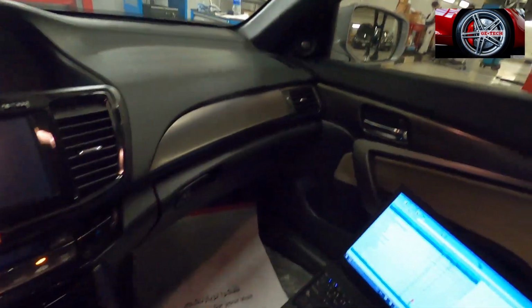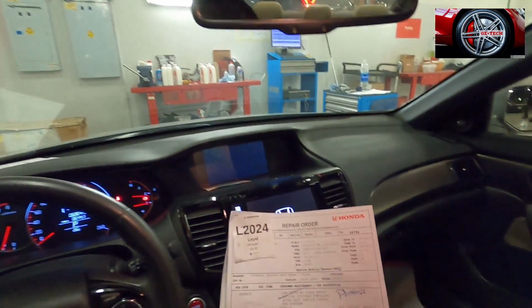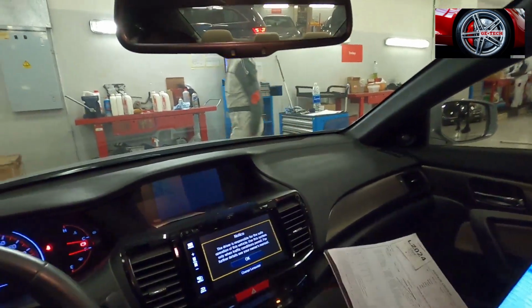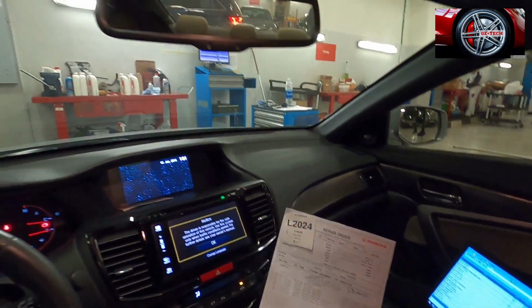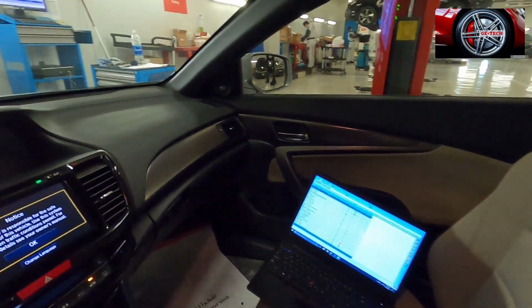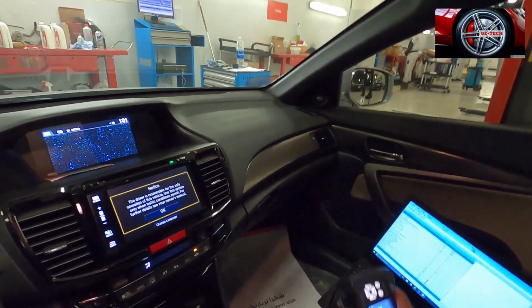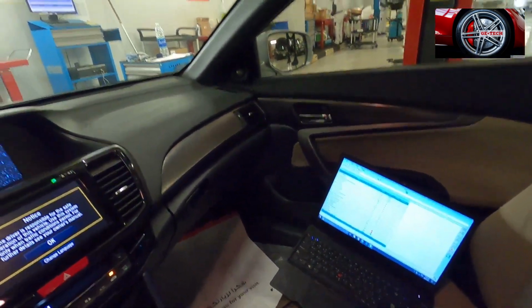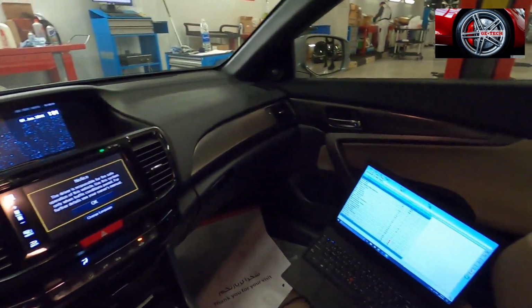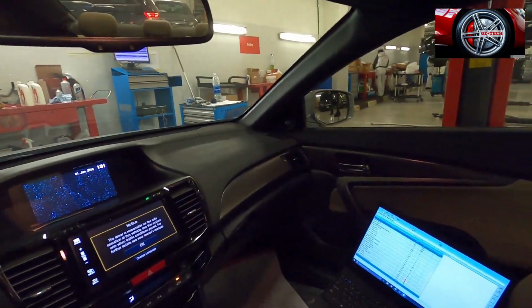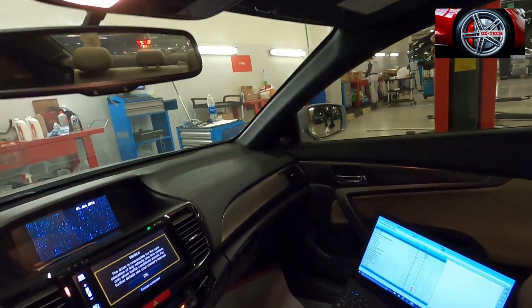So now that we already replaced the input or turbine speed sensor of the continuous variable transmission, we already erased the DTC and reset the ECM PCM.